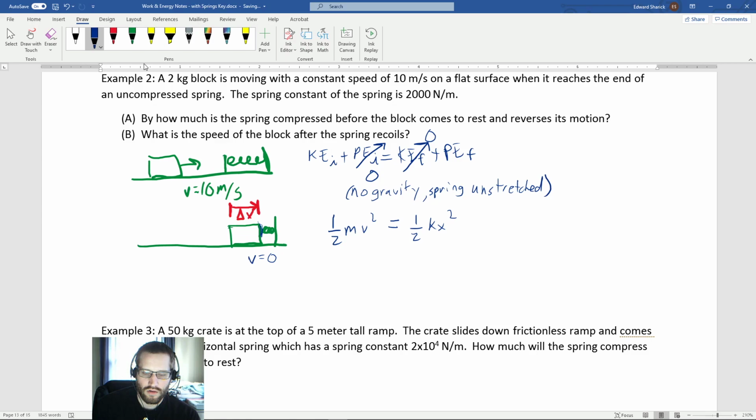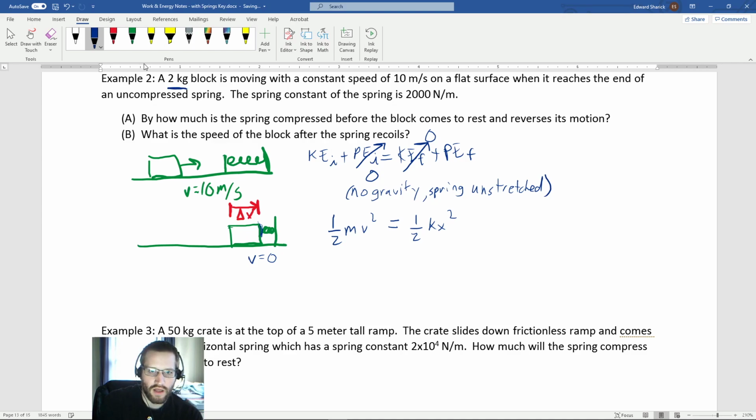And so we can't just cancel out the mass. In other words, when we're looking at gravity, mass doesn't matter. But when we're looking at springs, the mass does matter. Certainly, if I have a heavier block, this spring is going to compress more than if I have a lighter block. And so I can't cancel out the masses because the mass does matter.